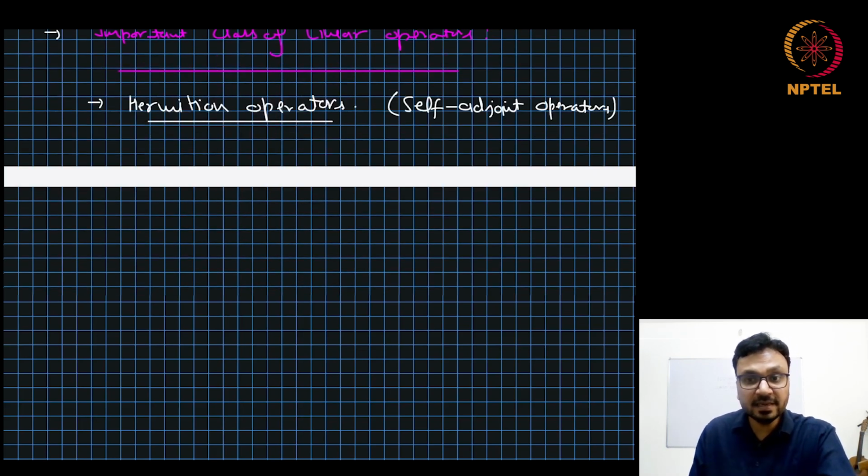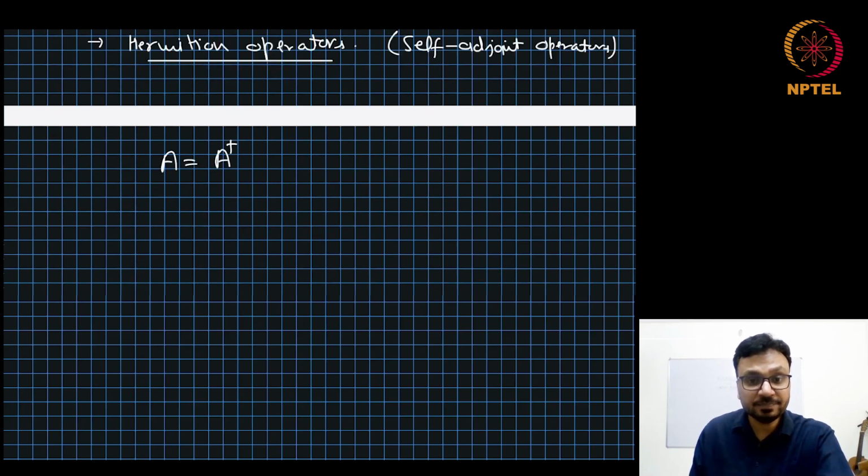As is evident from the name self-adjoint, it means a given operator A, if it is equal to its adjoint, then it's self-adjoint and it's a Hermitian operator. So what is so special about this?